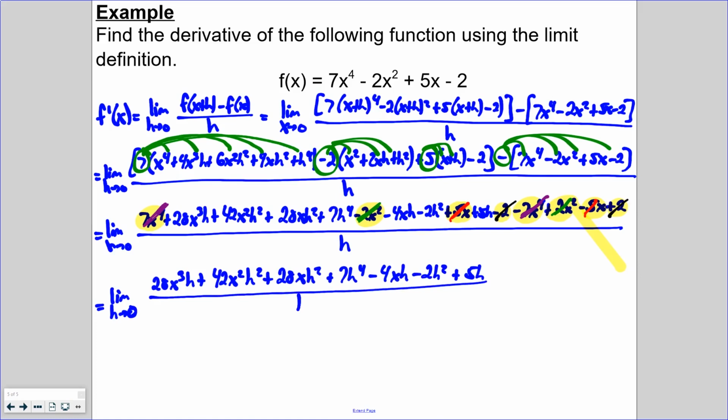All right. Whew. So what do we do next? Well, if we notice, every term that's left has an h in it. So just like with the previous examples, we can continue to factor out that h. And if you notice, this is going to become a pattern.